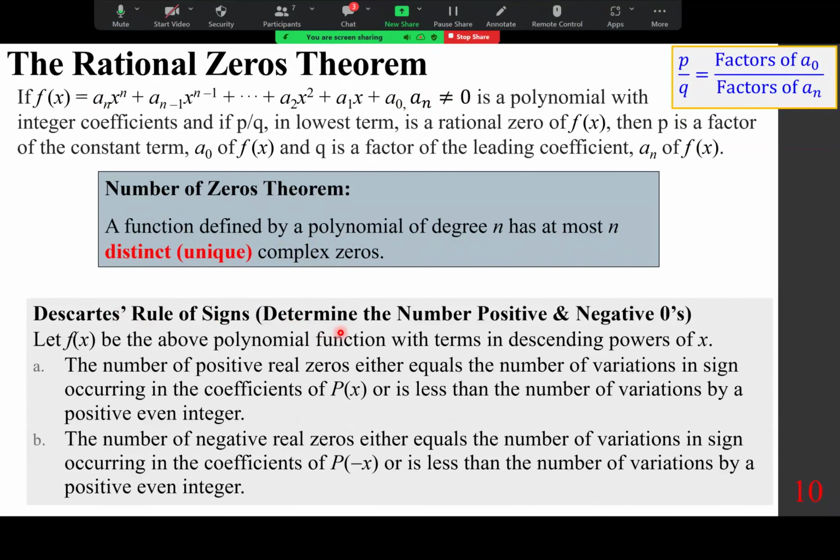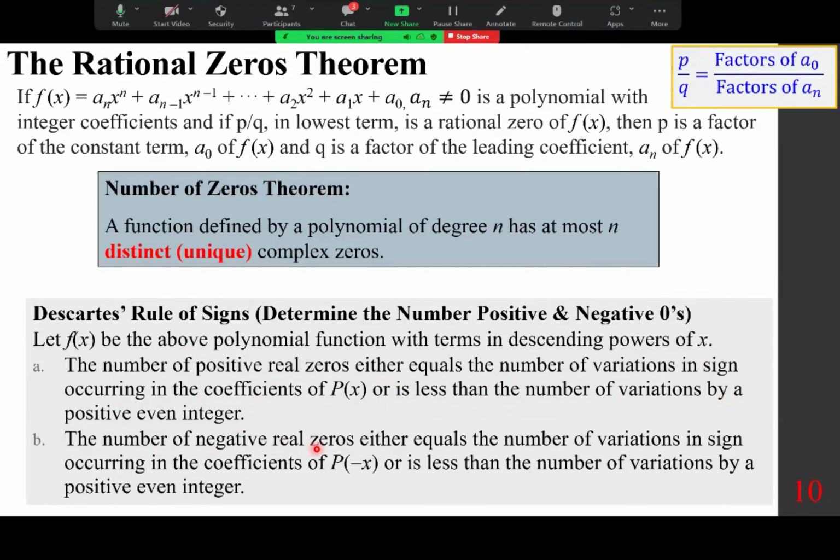Descartes' rule of signs determines the number of positive and negative zeros. Let f of x be the above polynomial function with terms in descending power of x. The number of positive real zeros either equals the number of variations in sign occurring in the coefficients of p of x, or is less than the number of variations by a positive even integer.